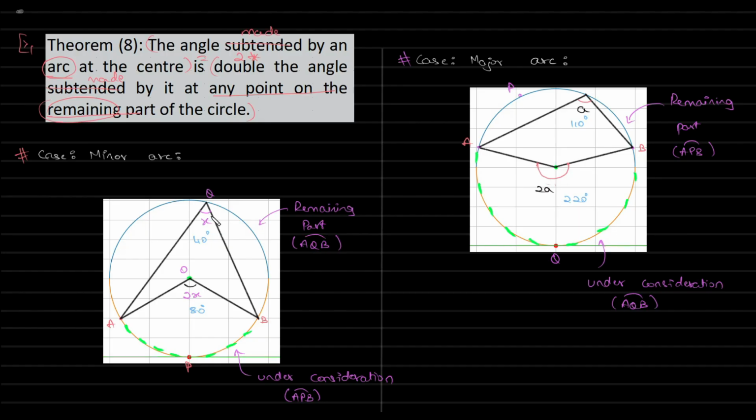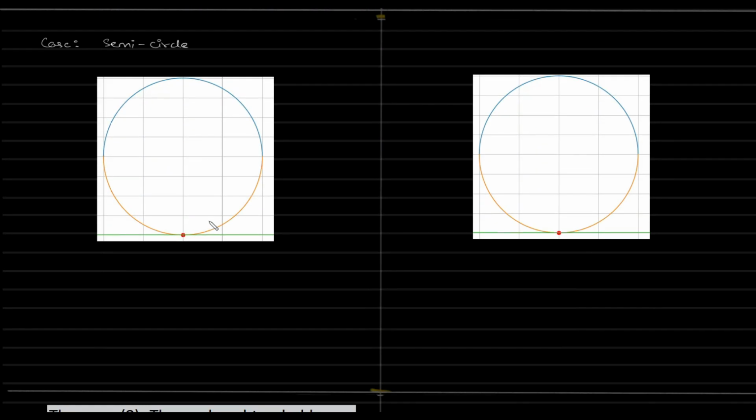I hope it's clear. Now we are looking at semicircle. So when you talk about semicircle, we are talking about an arc which is half the circle. So AB is your arc, that is half the circle.